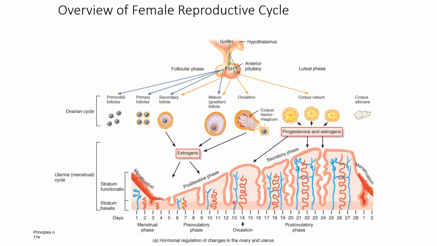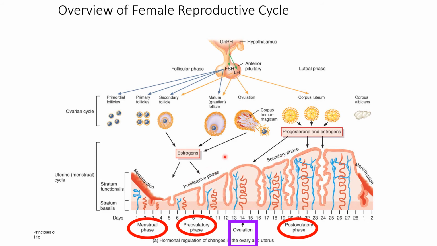Large amount of cell division results in a thickening of the endometrium, building of the stratum functionalis. I circle these phases because these are the phases of the female reproductive cycle. Again, the ovarian cycle names are here, and the uterine cycle names are mentioned separately.